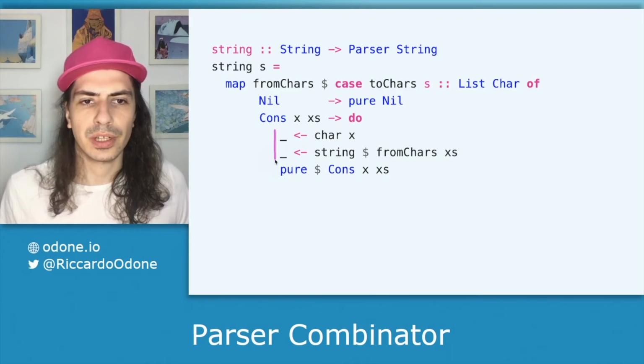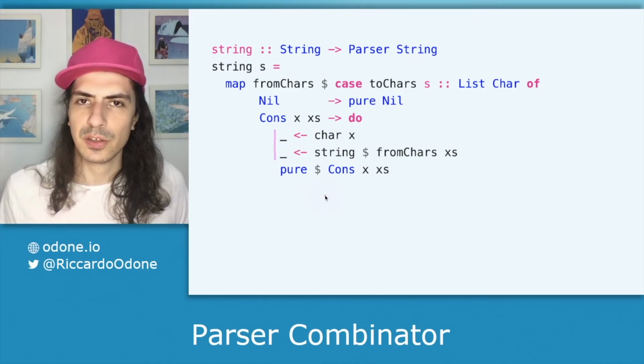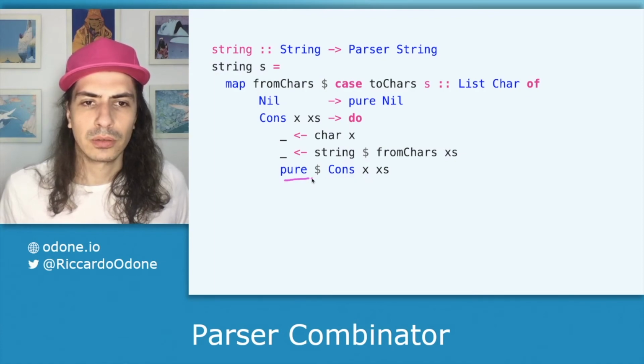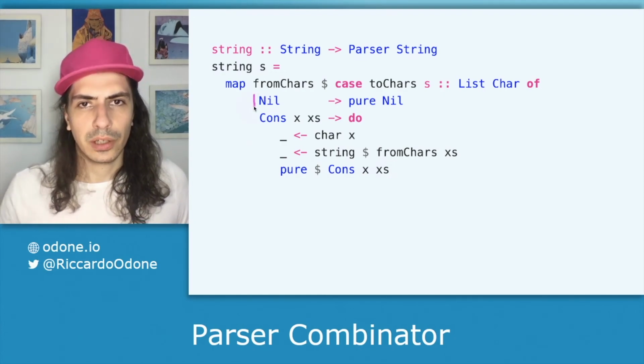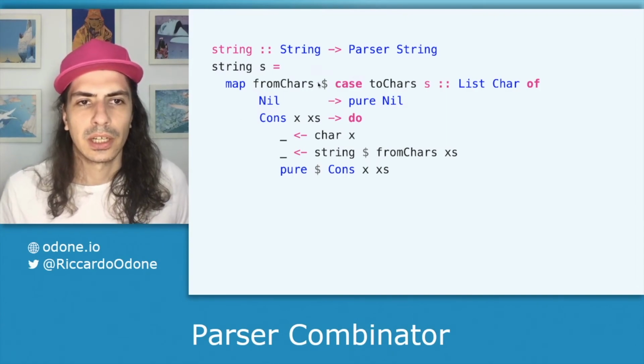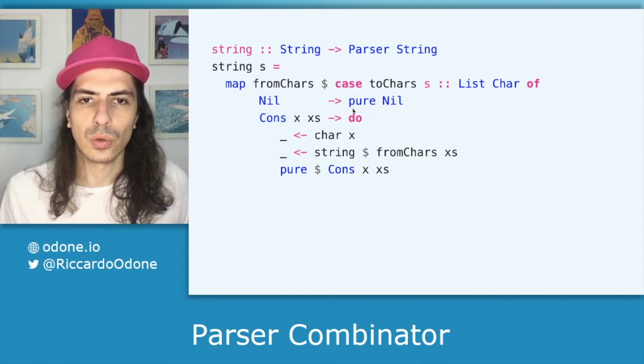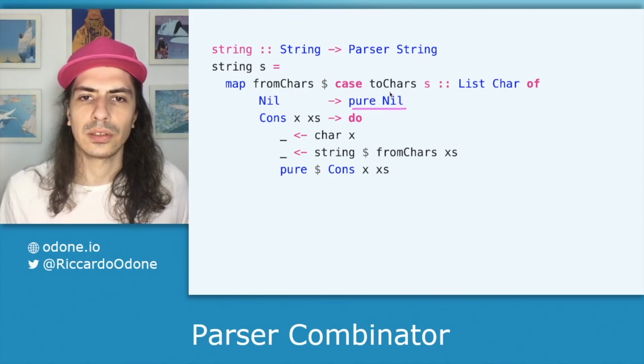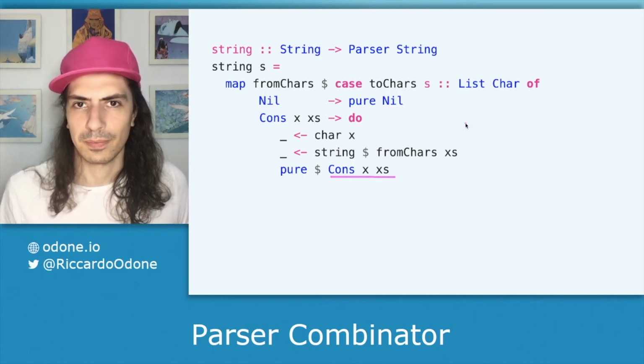If both of these are successful, it means that we were able to parse the list of characters that has as head x and as tail xs. If at any point in the recursive calls we get to a point where s is empty, it means we finished parsing the entire s, so we return the empty list because here we were returning a list.